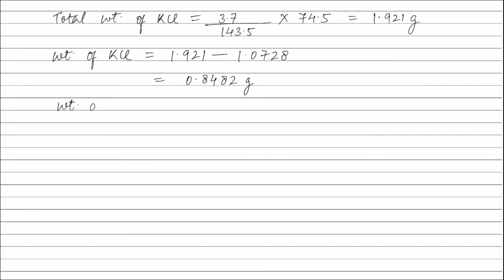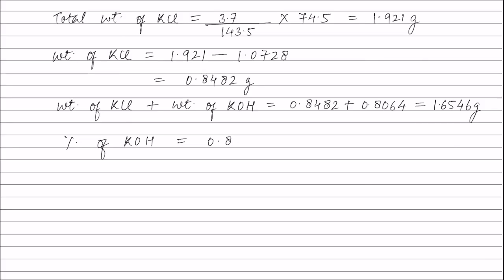Therefore, weight of KCl present originally plus weight of KOH is equal to 0.8482 grams plus 0.8064 grams, and this is equal to 1.6546 grams.